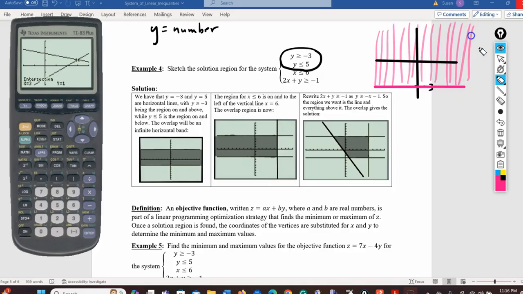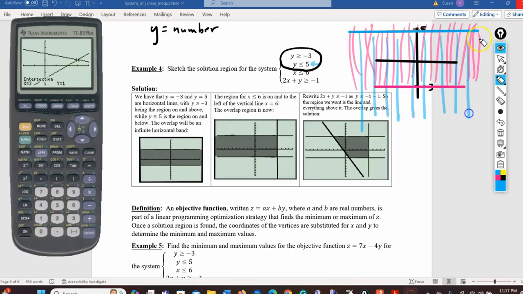Okay, so this strip will go on forever. And now y less than or equal to 5. Well, the line y equals 5, I want it, and everything below. Okay, now where is the overlap?